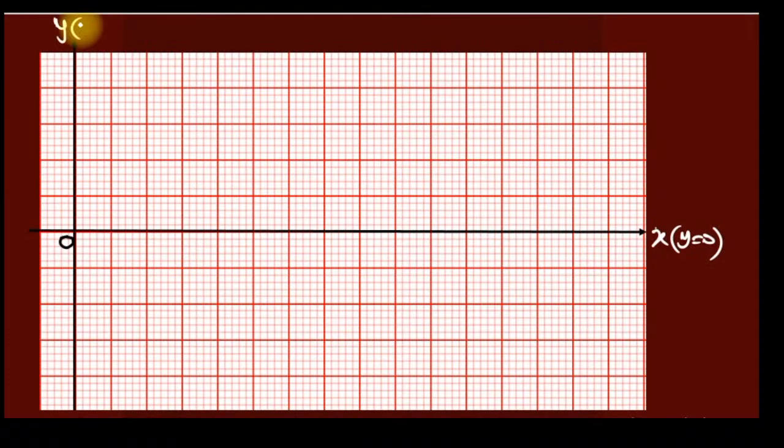That's 0. So that's our x-axis. Another name for the x-axis is y equal to 0. This is the y-axis, or x equal to 0. So we've located the origin, and we've located the y and the x-axis.